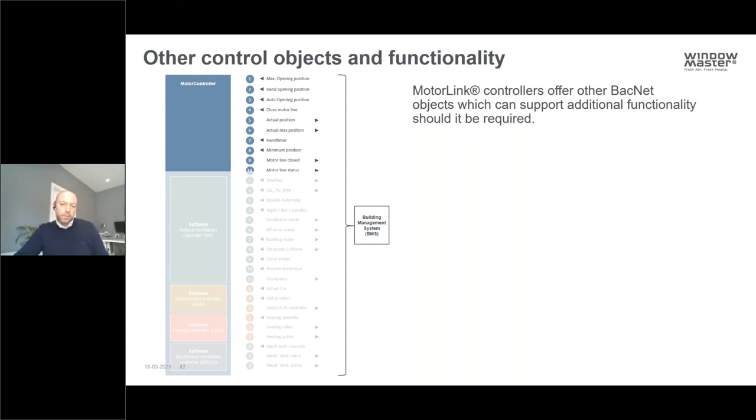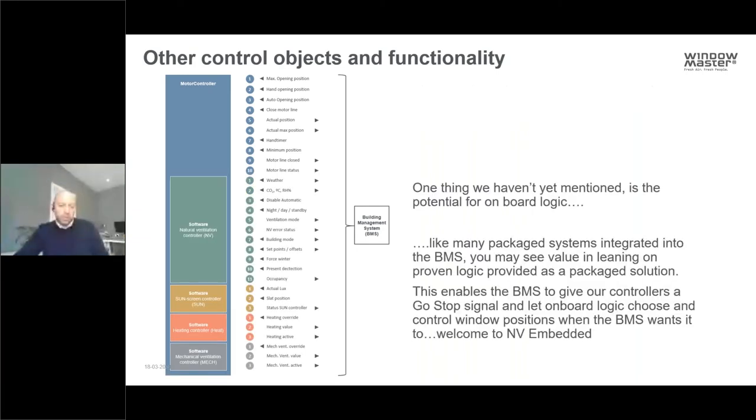And the next thing that we haven't yet touched upon is that our latest generation MotorLink controllers now have the possibility of onboard logic. So as with many different systems that the BMS wants to control, the manufacturers of mechanical ventilation units and packaged systems often have their own proven logic that they can offer as a simple kind of turnkey plugin.